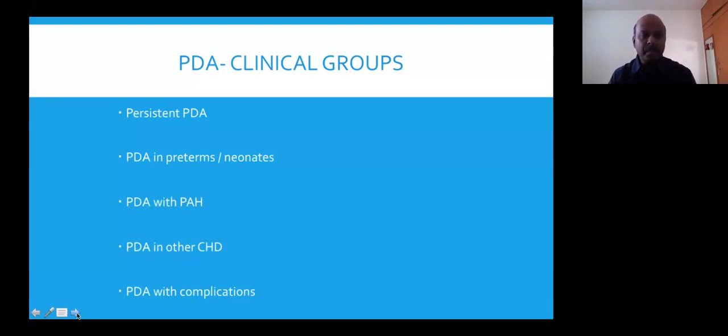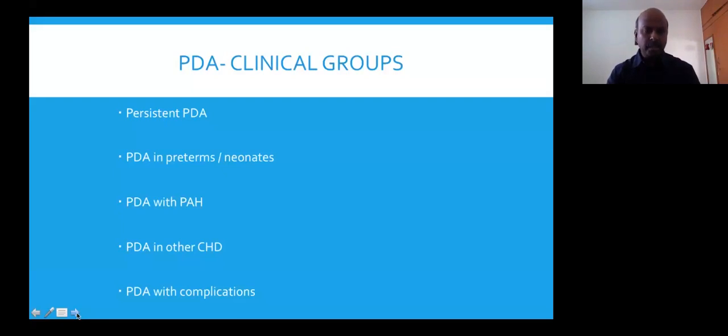PDA with pulmonary artery hypertension: when unattended with a large shunt over a period of time, it goes on to progress to pulmonary artery hypertension, which can be reversible or irreversible depending on the response of the pulmonary vasculature to the increased flow.